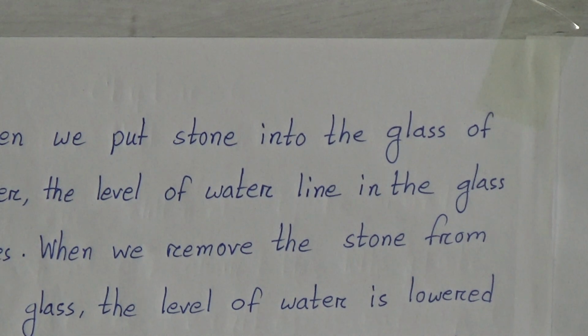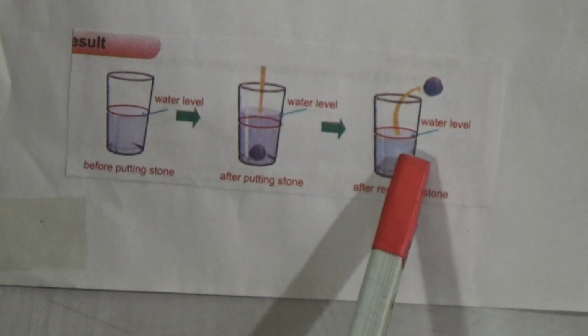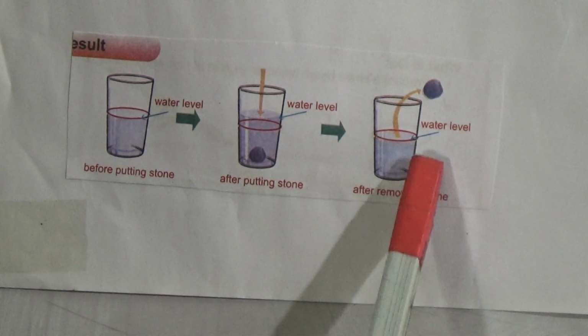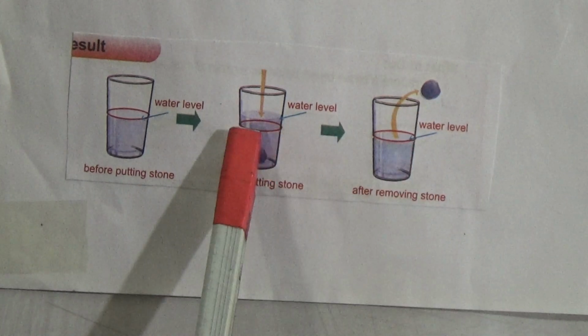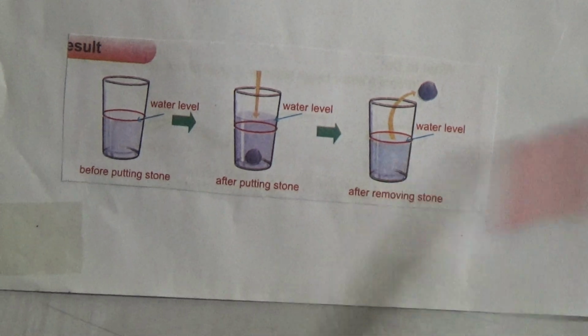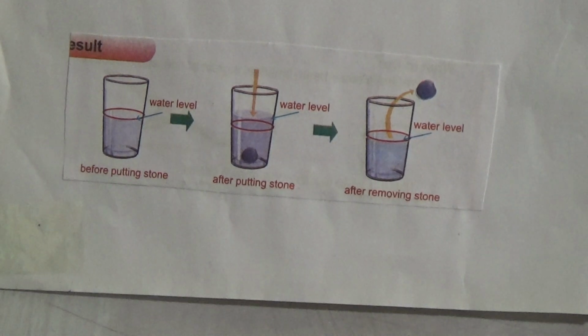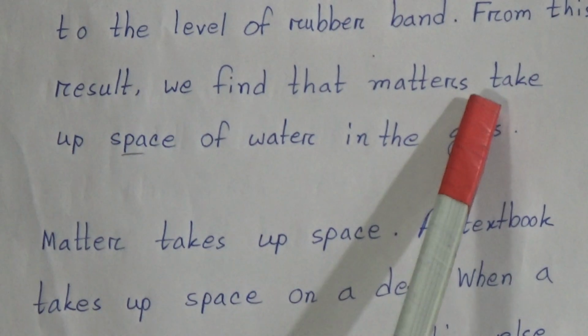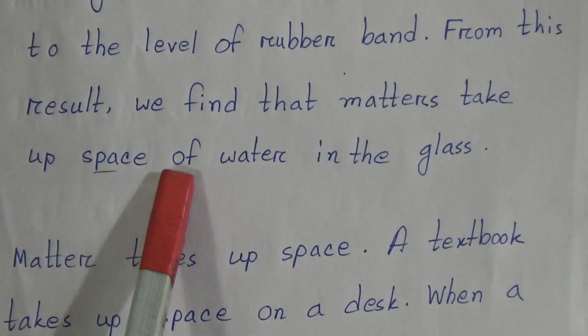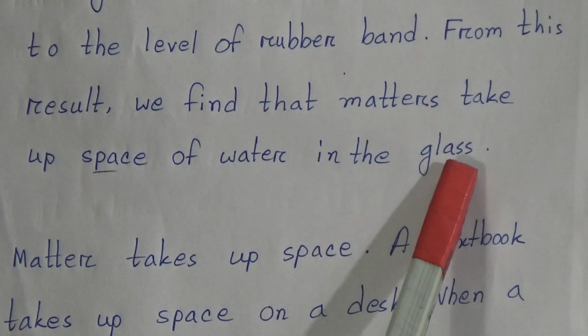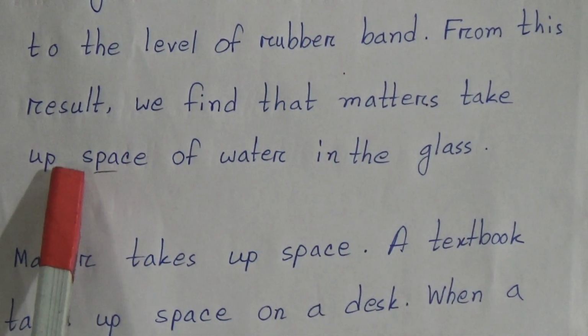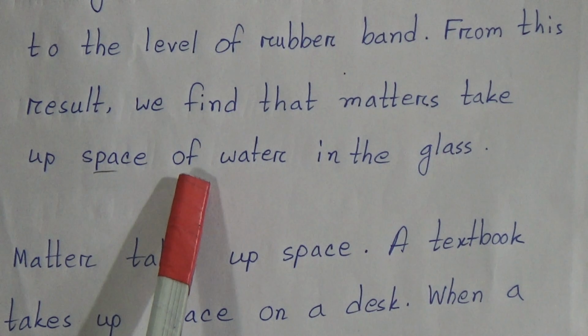Look at this picture. When we remove this stone from the water, the water level becomes lower again from the previous picture. From this result, we find that matter takes up space of water in the glass. That means matter takes space.